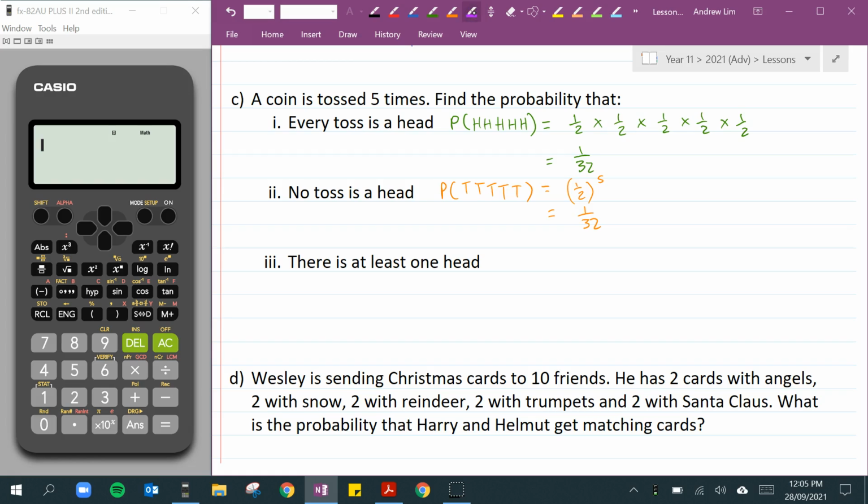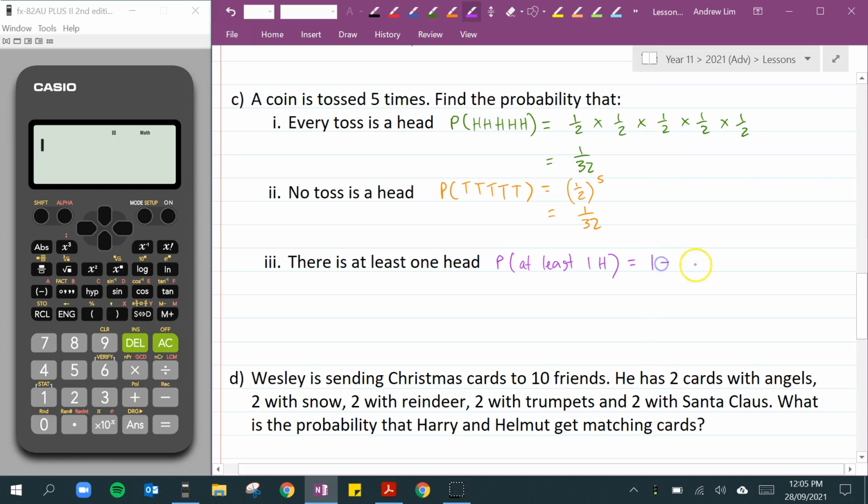Part 3, however, says find a probability that there is at least 1 head. So there could be lots of different ways, but I'm not going to actually write them all out. I'm just going to write at least 1 head. What I'm going to do is work out the probability of getting no heads, and then I'll just do 1 minus that.